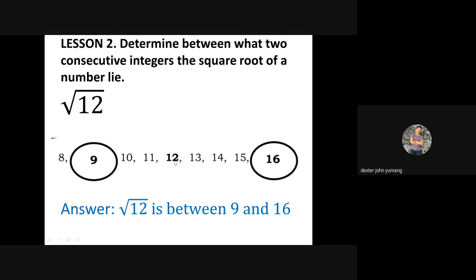Pero dapat, isa doon sa nalista nyo is perfect square. So, sa nalista natin na 8, 9, 10, 11, 12, 13, 14, 15, 16, ano dyan ang perfect square? That is 9 at saka 16. Therefore, ang answer natin, square root of 12 is between 9 and 16. So, ganun po siya.